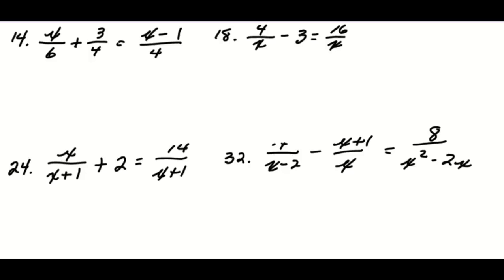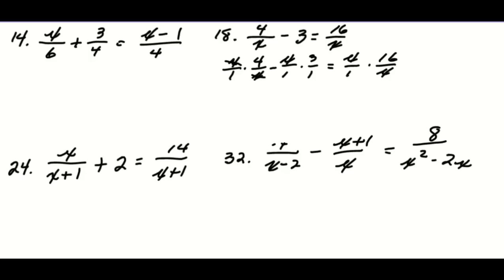And so to get rid of the denominator here, all we have to do is multiply each term by x. x over 1 times 4 over x minus x over 1 times 3 over 1 equals x over 1 times 16 over x. We didn't have to come up with a common denominator because we only had the one denominator, which was x. So that took care of that first step that we had in 14 where we had to find the common denominator. We don't have to do that now.